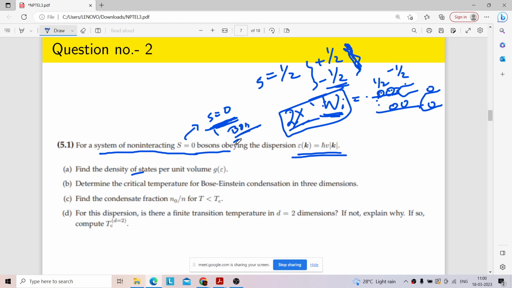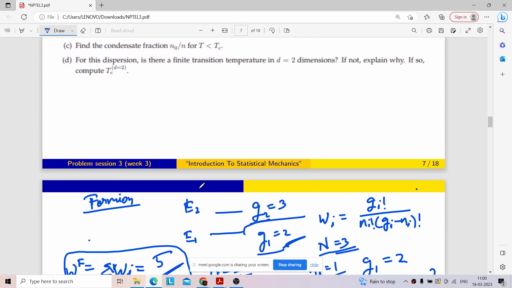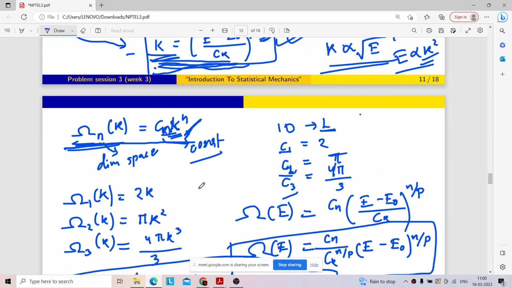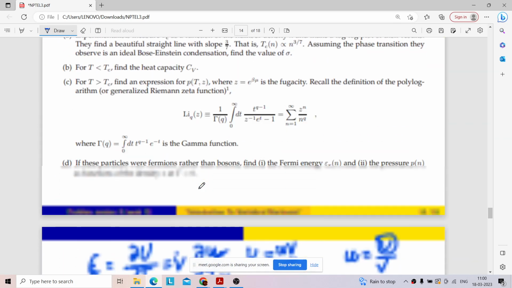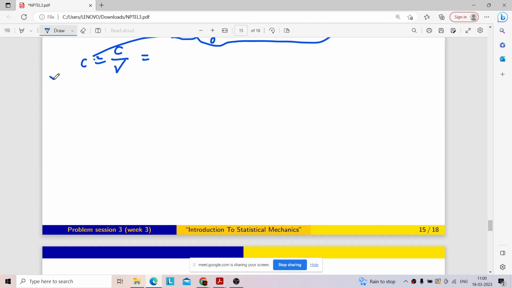So let's proceed. We have the dispersion relation, so we have to find the density of states now. I have not told you the formula.